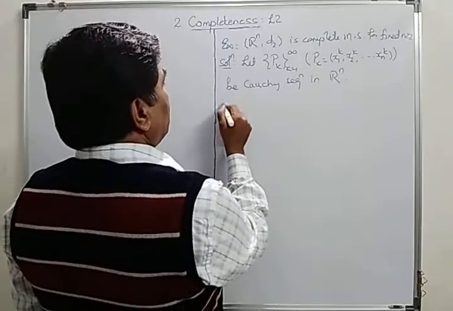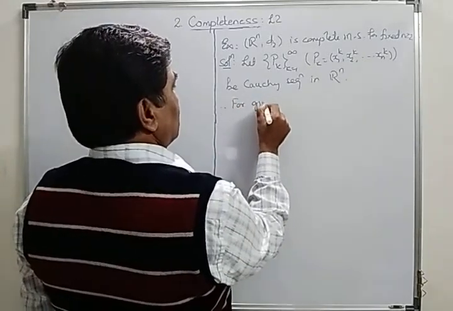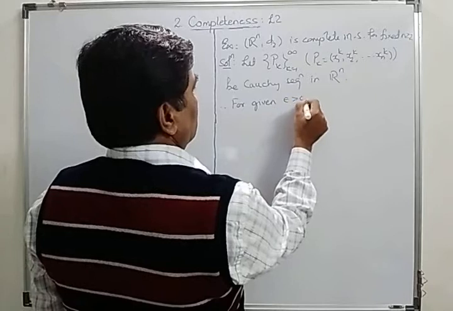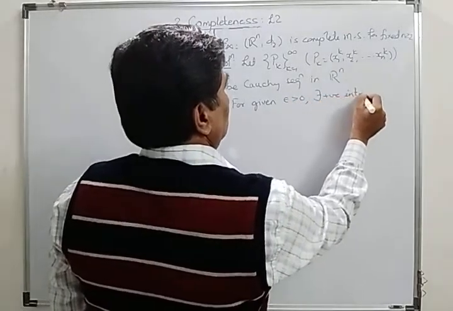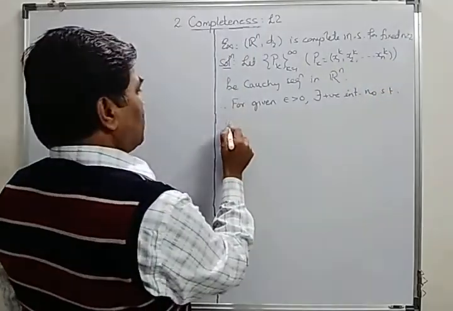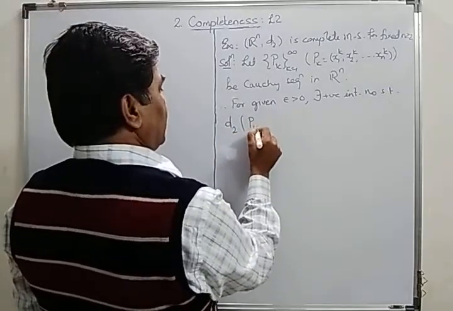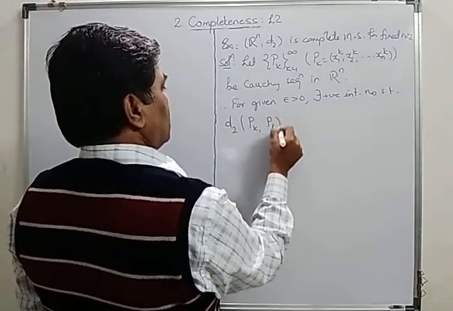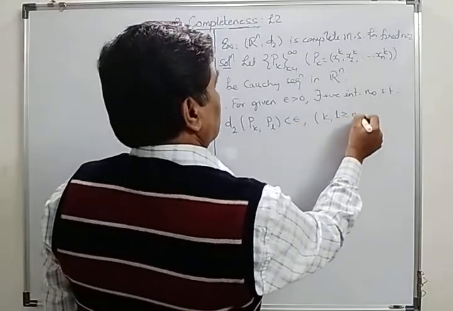Therefore, for given epsilon greater than 0, there exists some positive integer n naught such that d2 of Pk, Pl is less than epsilon for any k, l greater equal n naught.